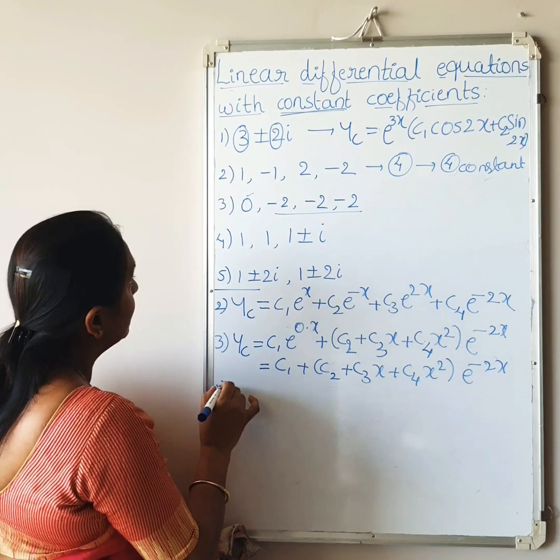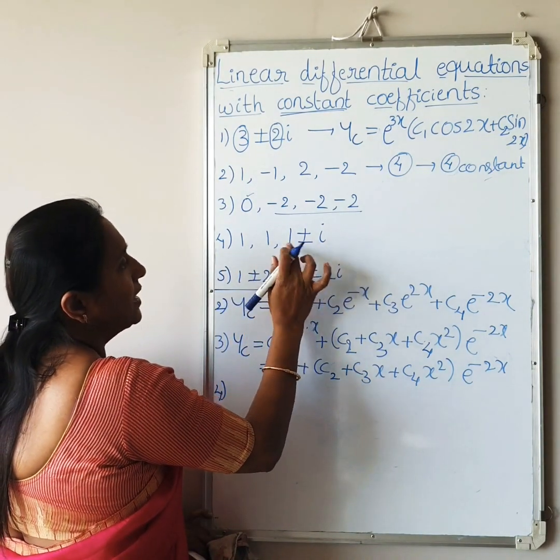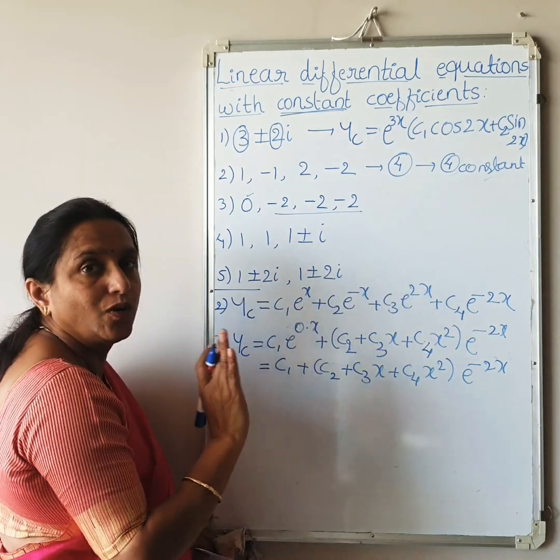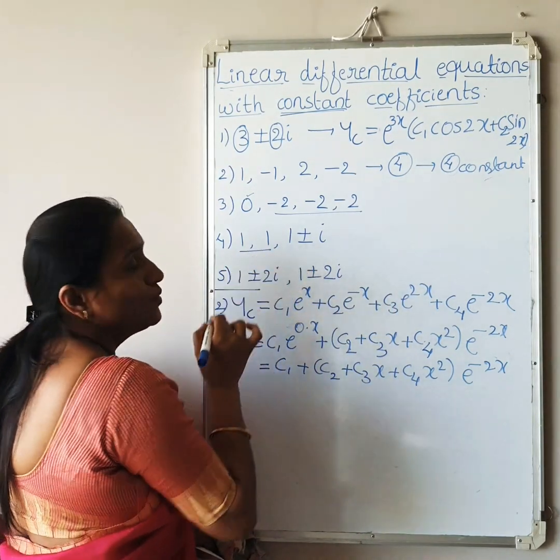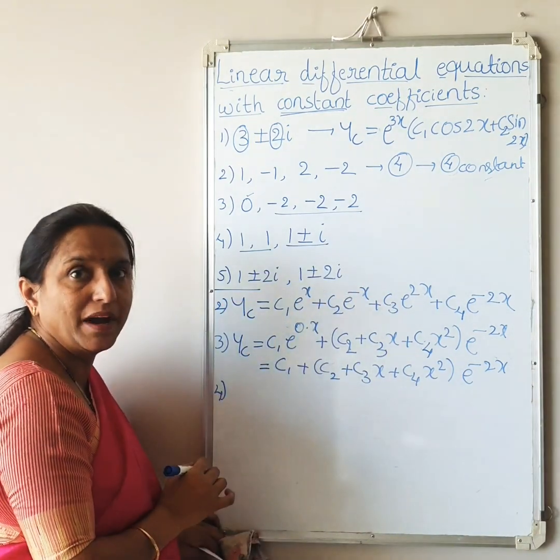Next, the fourth one. How many roots are there? 1, 2: this is 1 plus i, 1 minus i. So 4 roots are there. These 2 roots are equal and these 2 roots are imaginary.